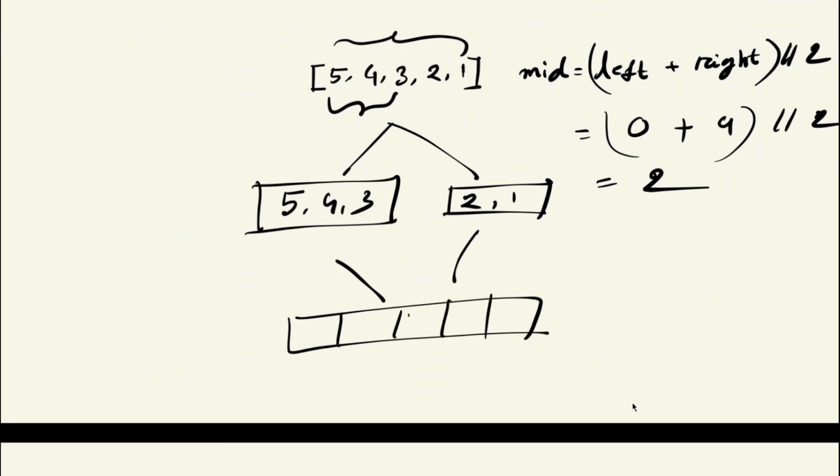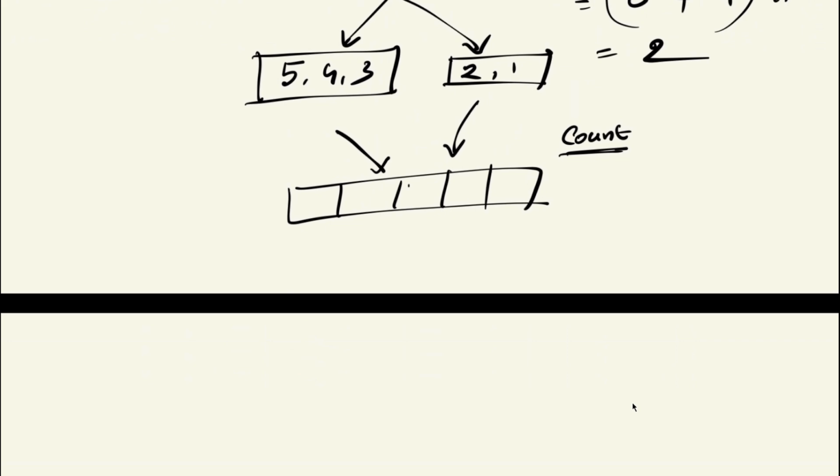So we successfully converted our given problem into a divide and conquer approach, and when we are basically merging these two arrays, we'll get our answer. Now let's see how we will exactly get our answer.